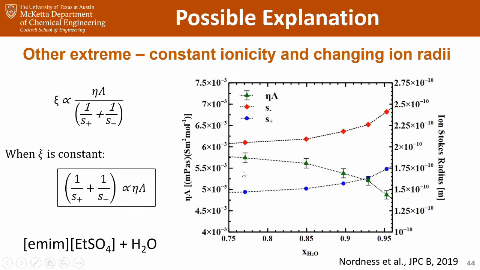This is what would have to be happening if, at the other extreme, the ion dissociation was constant and we used the data to calculate what the radii would be, and you can see that the radii would have to be increasing a little bit. So in this region, we think the assumption of constant ion radius is probably not real accurate.